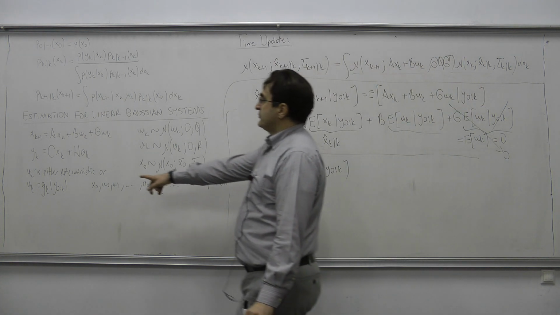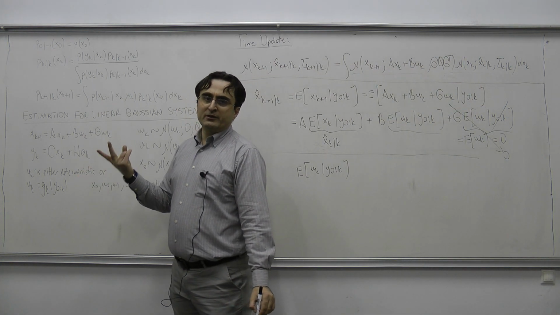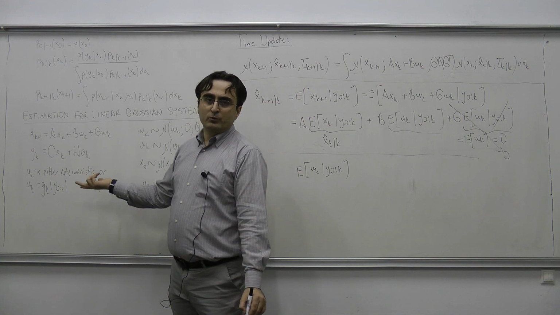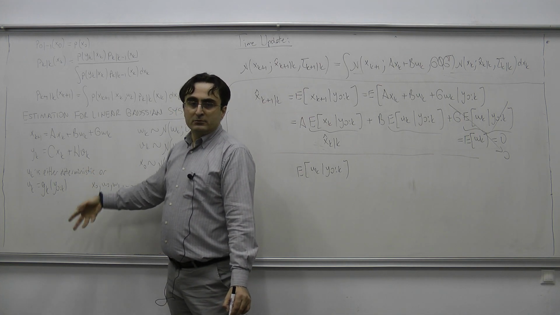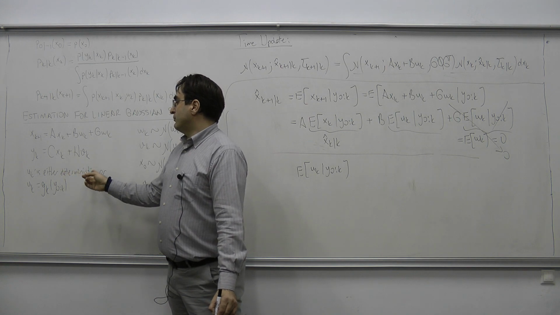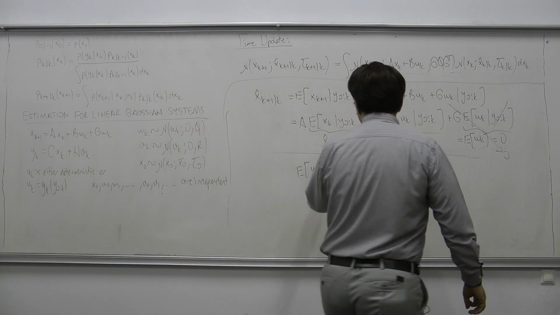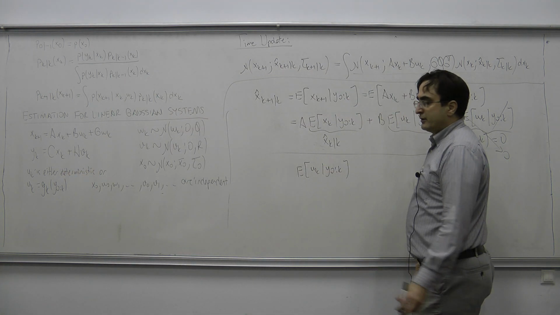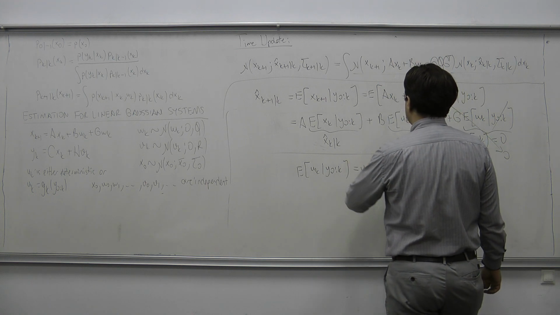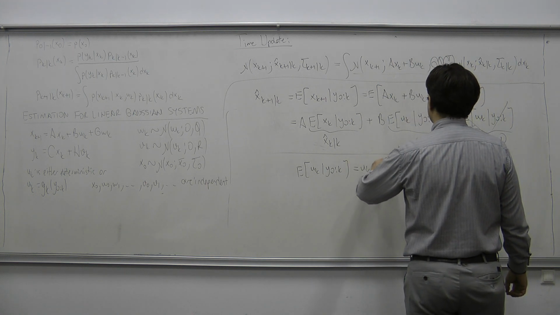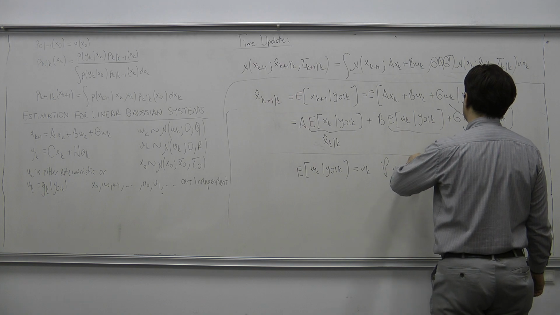There are two possibilities: uk is deterministic, open loop control, or uk is random, closed loop control. When uk is deterministic, the given condition doesn't mean anything. So this is going to be equal to uk if uk is deterministic.